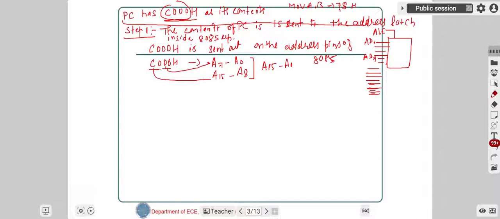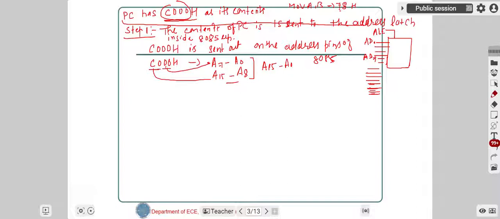What we said here is that the most significant byte of the address, C0, is sent out on the A8 to A15 lines, and the least significant byte of the address, that is 00H, is sent out on the pins AD7 to 0, that is A7 to A0.